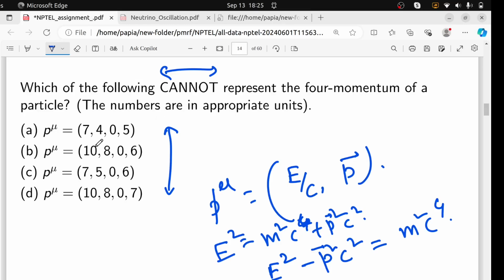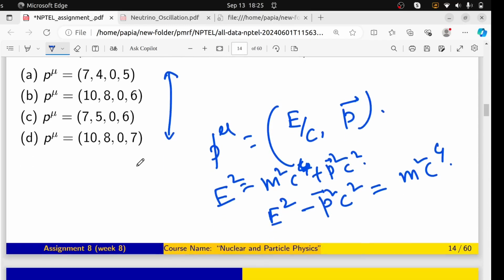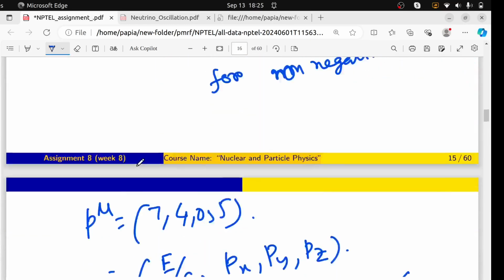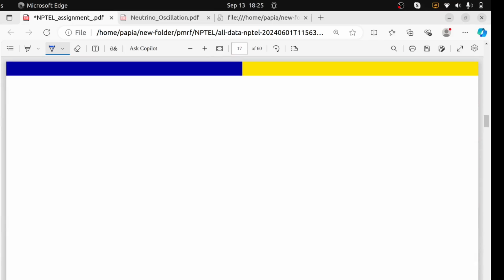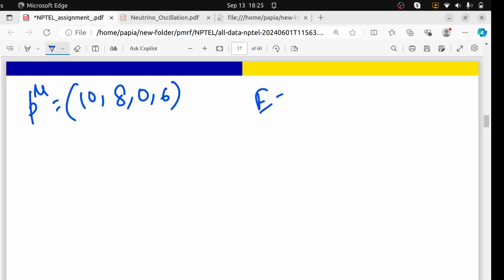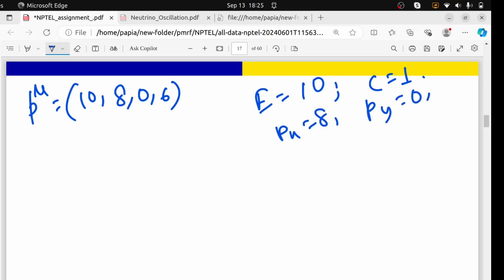Okay, now coming to 10806. Again, for this case E is 10, obviously taking c equals 1 right now. px is 8, py 0, pz 6.